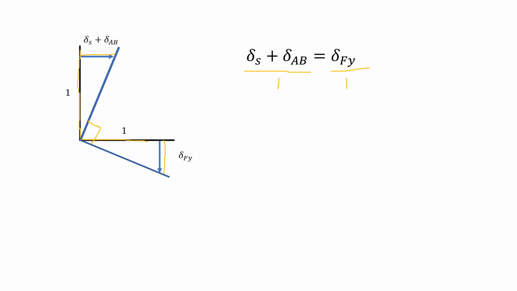Therefore, this angle and this angle are equal. So, equal yung angles na yan. Tapos, 90 degrees tong nasa taas. 90 degrees din to.